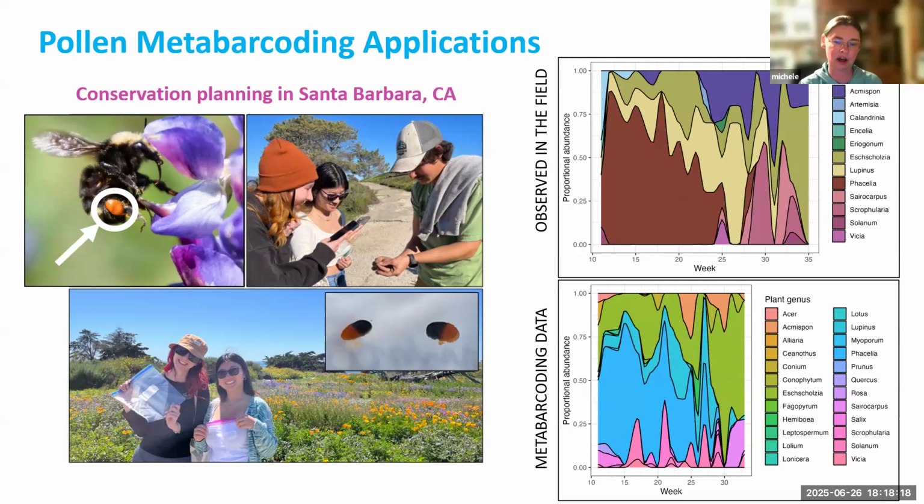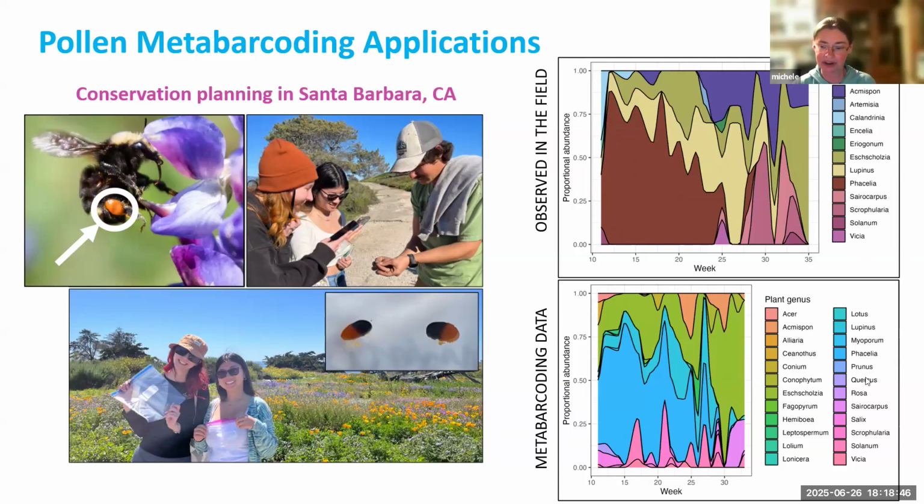One of the projects I helped her out with was she had samples that she collected with several members of her lab at UC Santa Barbara, and they did visual observations on several species of bumblebee that they were working with in that general area. And these were the plants that they observed their bees going to. And these make sense, right?